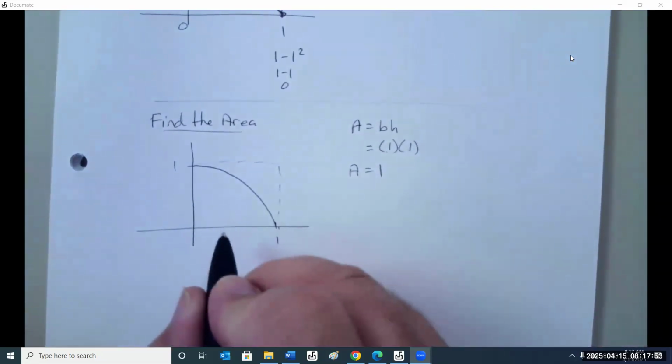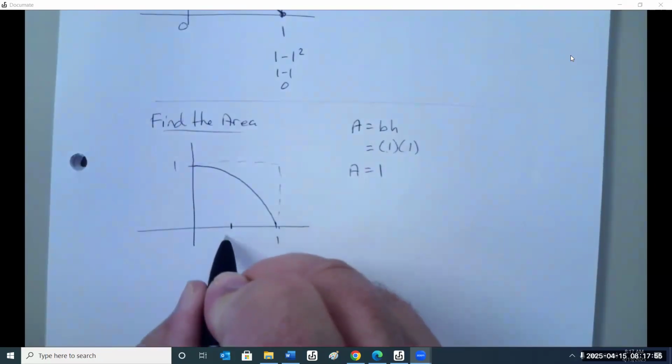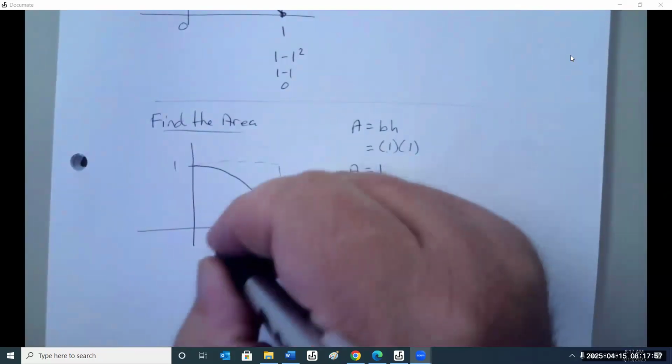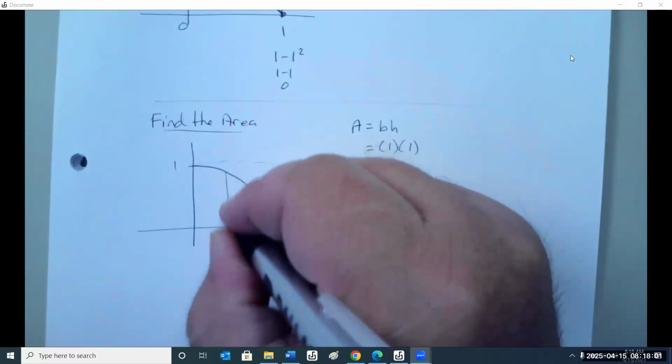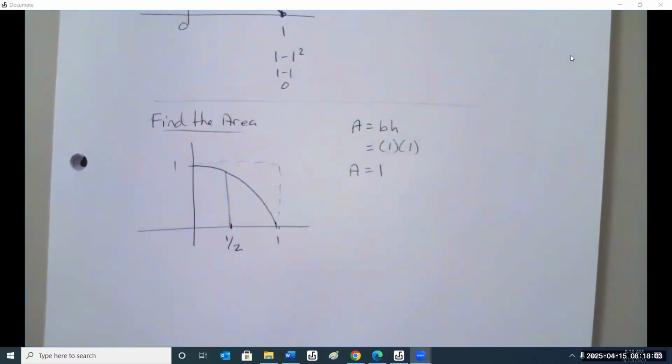Let's do what we just did. Let's cut this in half. Now we have another problem. Since it is a curve, we have 2 ways of looking at it.